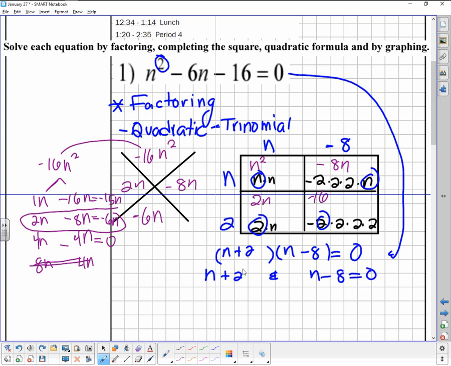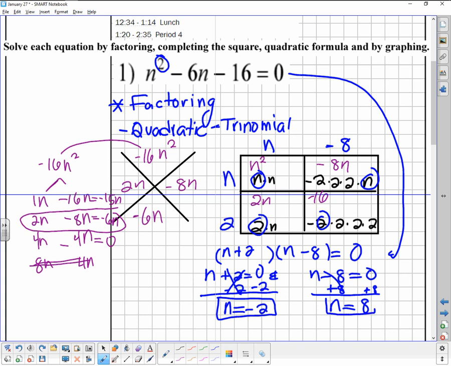Solve for n, get the n by itself. I'm going to do minus 2, minus 2. These are opposite, they will cancel. So my answer will be n is equal to negative 2. Get the n by itself, plus 8, plus 8. So we have n is equal to 8. And those are your answers.